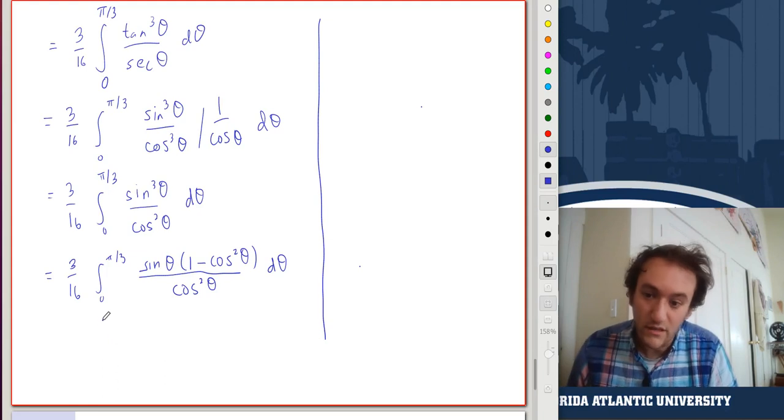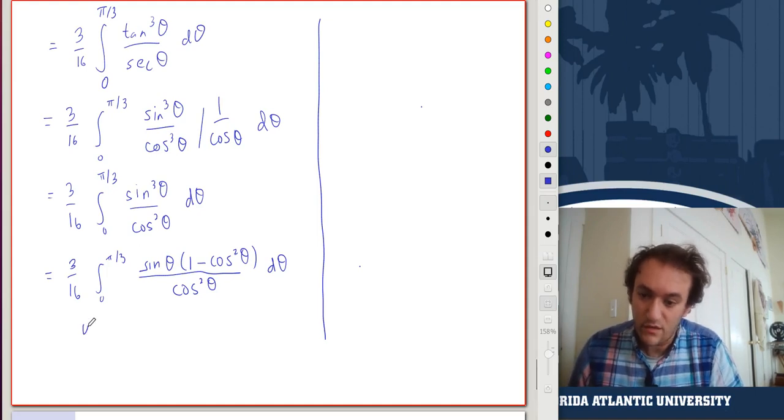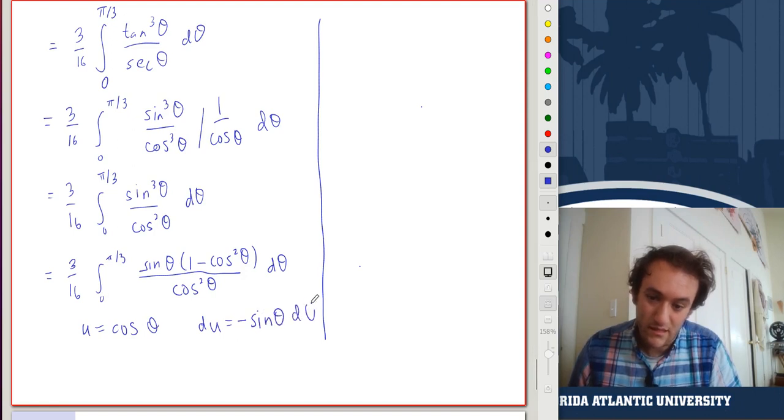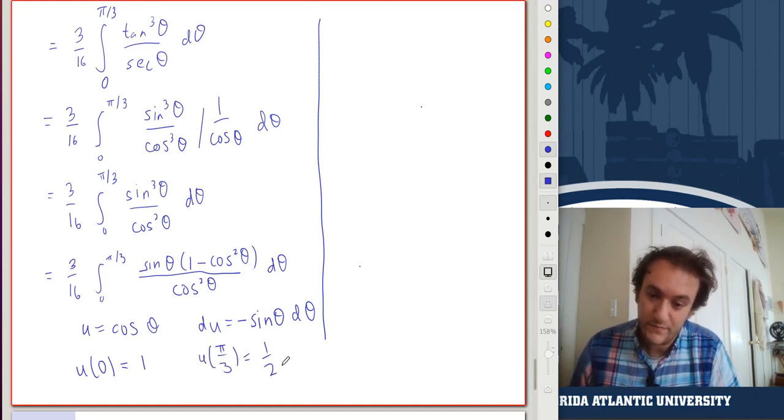Okay, one final u substitution will close out this computation. We'll take u equals cosine theta, and then du equals minus sine theta d theta. Okay, as for evaluating at the endpoints, we have u of 0 equals 1, cosine of 0 is 1, and u of pi over 3 is 1/2.